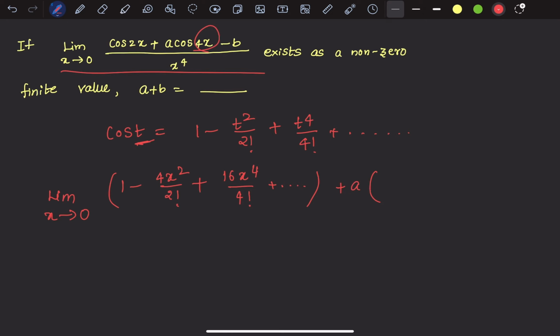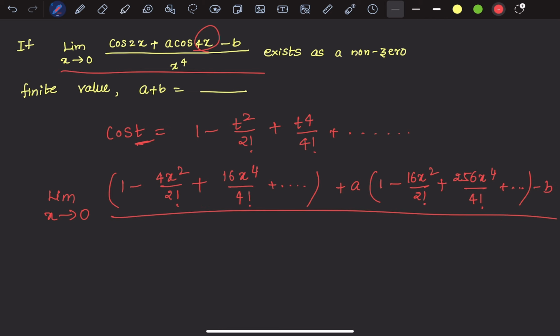So your t will be 4x here. 1 minus 16x square by 2 factorial plus 256x power 4 by 4 factorial plus and so on, minus b, divided by x to the power 4. Alright.